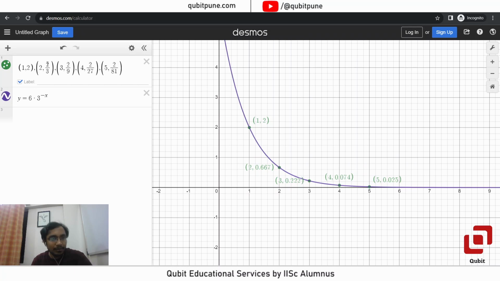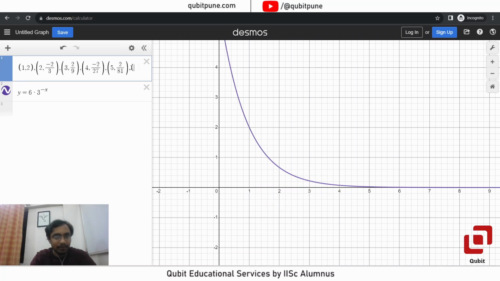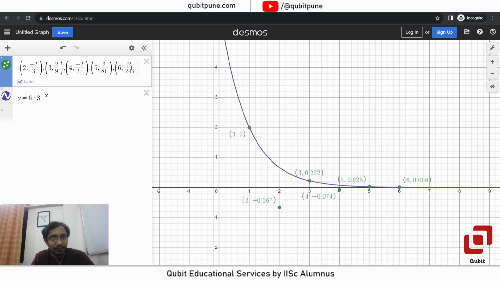So first term is 2. This will be negative, this will be positive, this will be negative, this will be positive. Let's take one more, 6 comma 2 by 243, and this term should be negative.